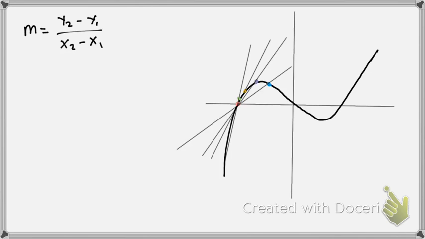Using the limit concept that we've learned, we can write that the slope is just equal to the limit as x2 approaches x1. The pink point is going to be x1.